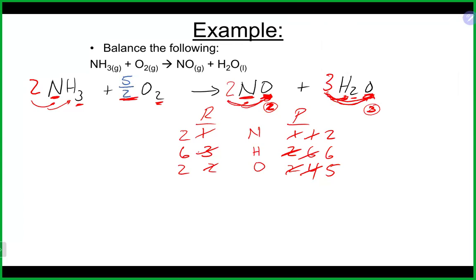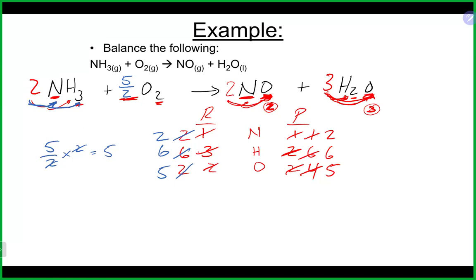If I do that, I will now end up with 2 nitrogens on the left. 2 times 3 is 6 hydrogens. And when I take 5 halves times 2, the 2's cancel, and we end up with 5. And now I have 5 oxygens there on the left-hand side. And technically speaking, my equation is balanced.